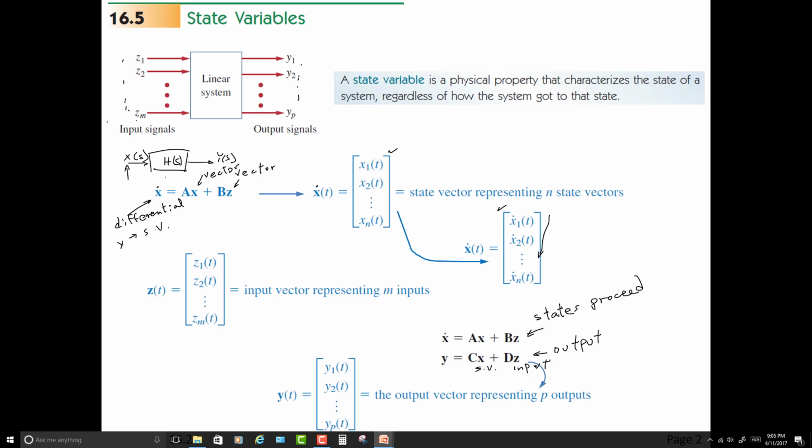Now, I want to take a minute to describe this in another way, because we're so used to seeing x as an input, and that suddenly changed. Why is that? Well, let's say we have this dynamic system here.